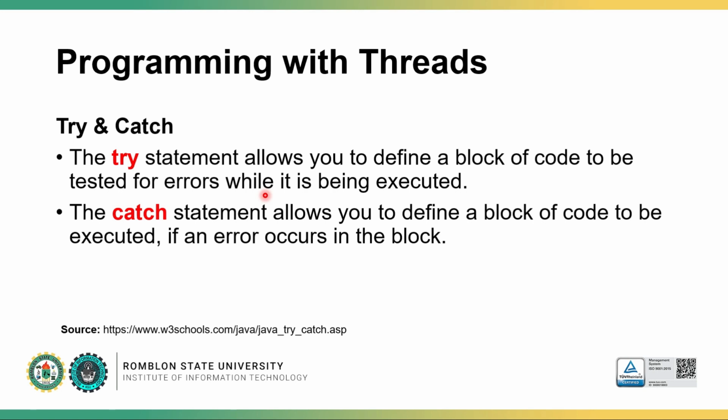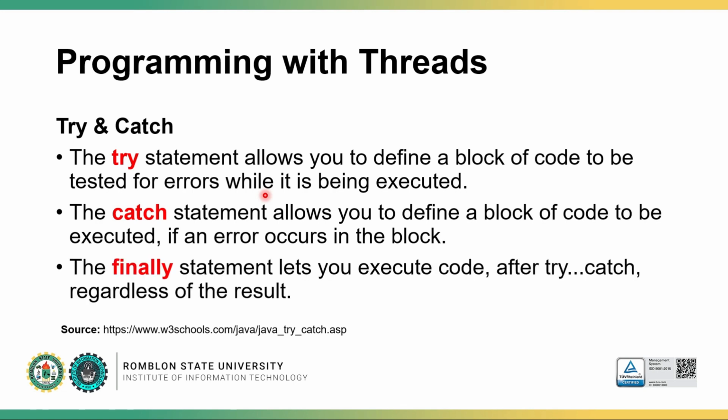The catch statement allows you to define a block of code to be executed if an error occurs in the try block. And finally, the finally statement lets you execute code after try-catch regardless of the result. Whether or not there are errors within the try block, the finally block will still run.